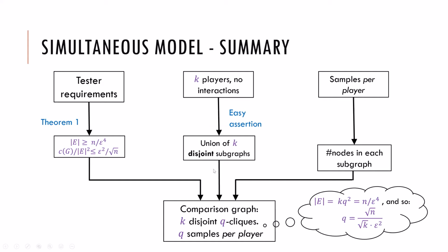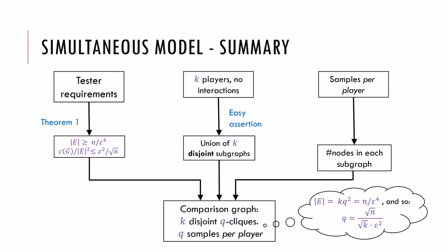This means that the comparison graph, while representing the entire set of samples through the entire system, is actually composed of k disjoint subgraphs, where each subgraph represents the samples and the comparisons made by a specific player. It might not be very surprising that a union of disjoint cliques is the right graph to obtain an optimal result for this model. But come to think of it again, it might be a bit surprising that it is the same graph that gives an optimal result for this model as well as the streaming model, even though the constraints are very different.